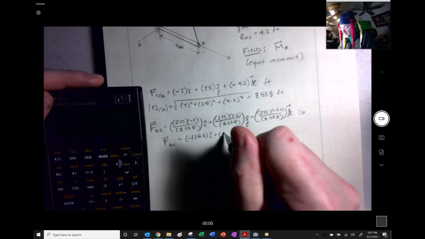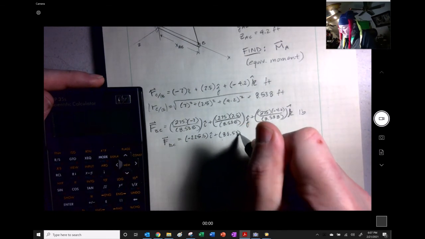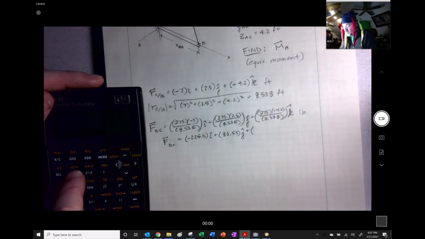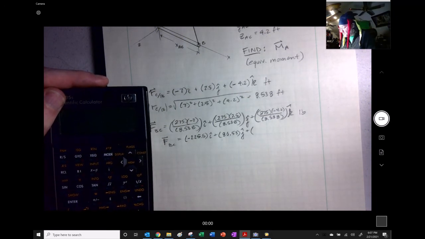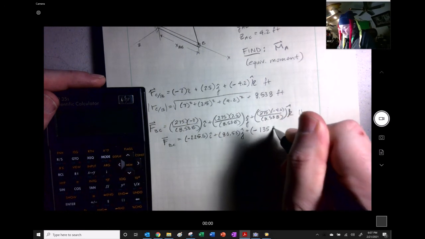I'm doing a little trick right there, by the way. 80.53 j, and then 275 times 4.2 divided by 8.538, and that's negative, so it's a negative 135.3.